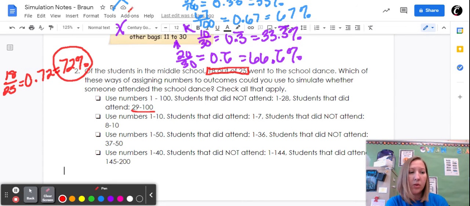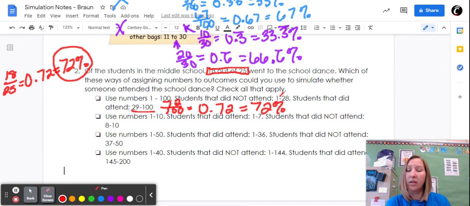So from 29 to 100, that is 72 numbers out of 100, which would be 0.72, which would be 72%. So this would be a correct simulation.